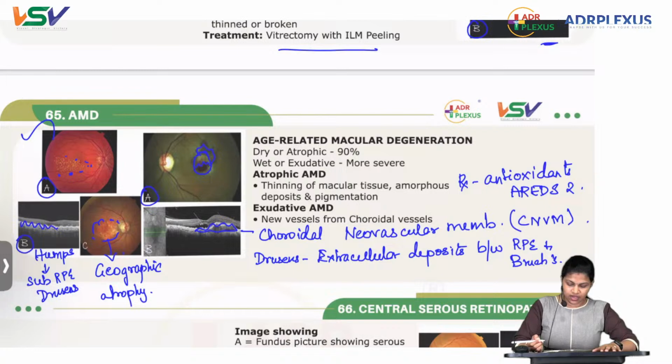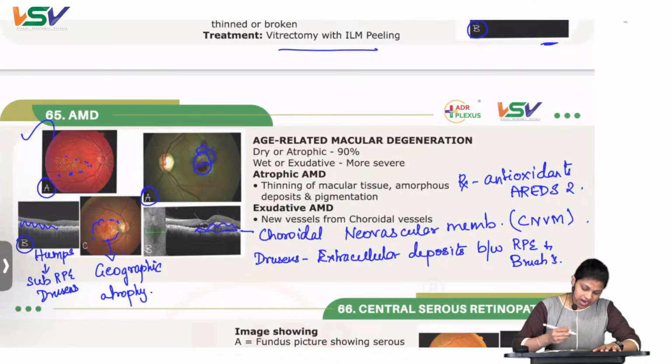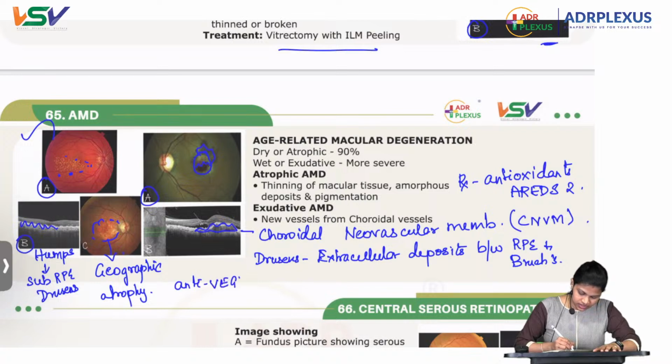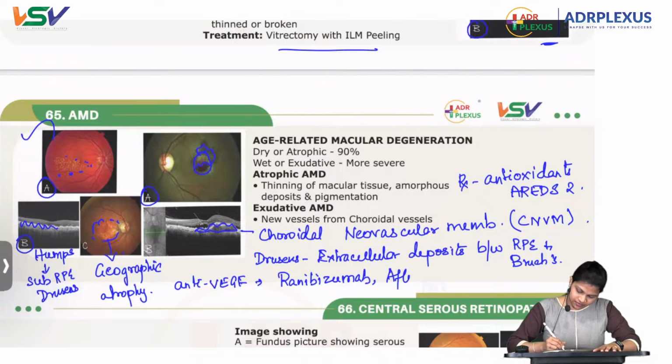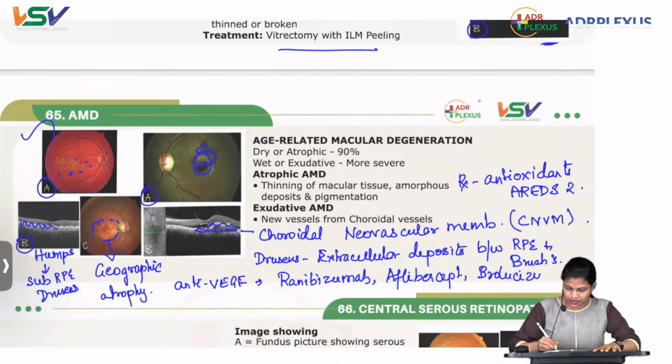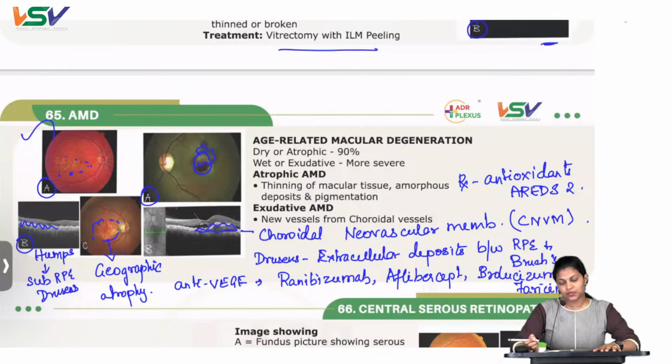For the wet type, we have to treat it with anti-VEGF. The anti-VEGF agents we use are ranibizumab, aflibercept, brolucizumab, and the newer one, faricimab.